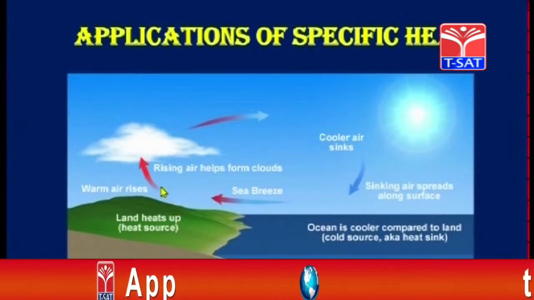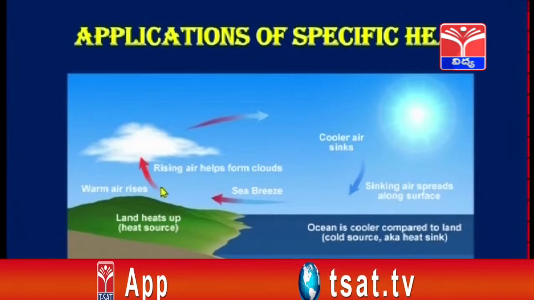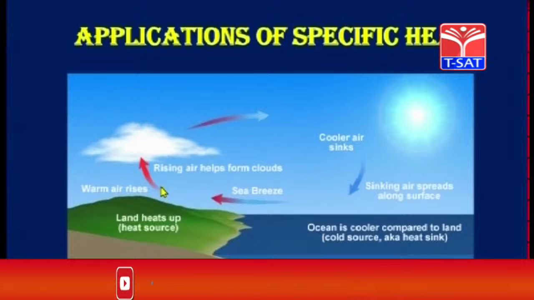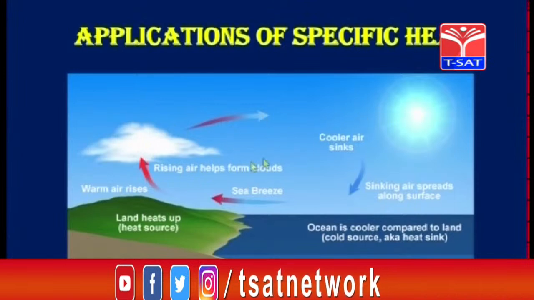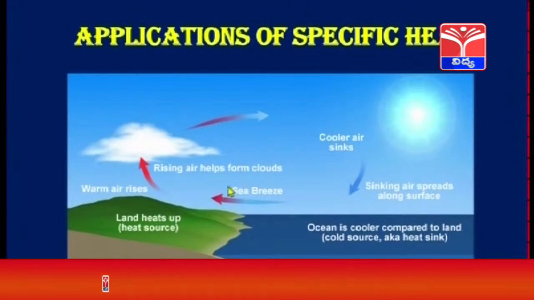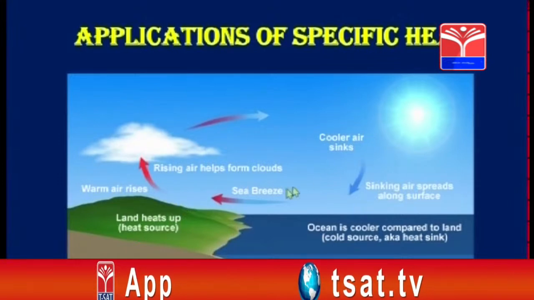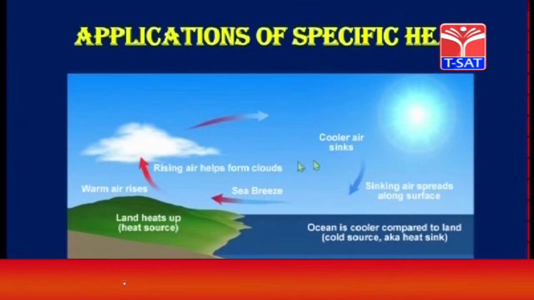So, what is happening here? The warm air is rising up. Okay, children? And what is happening to the warm air? The warm air is replacing the colder air on the water surface. Is it clear, children? Because we know that heat flows from hotter bodies to colder bodies. It is the nature of heat to flow towards the lower temperature regions.